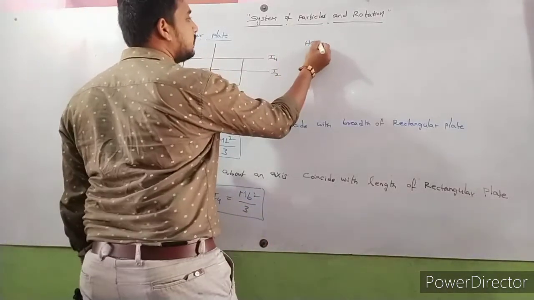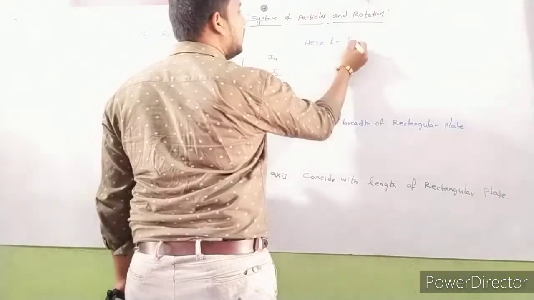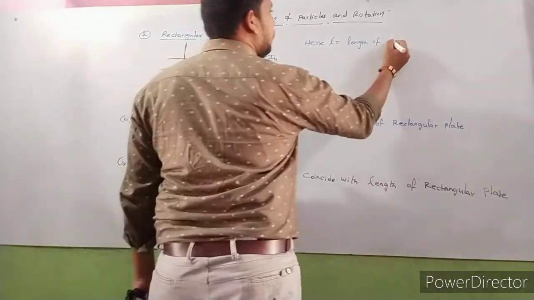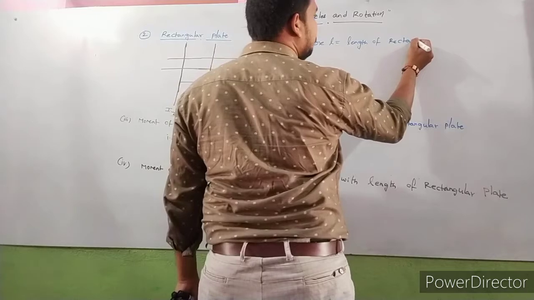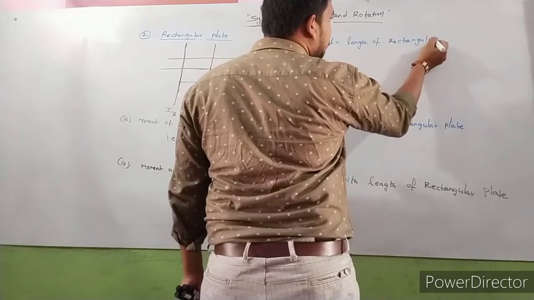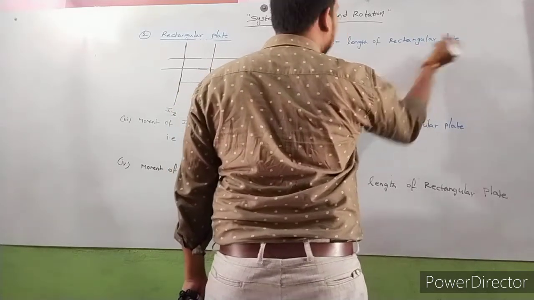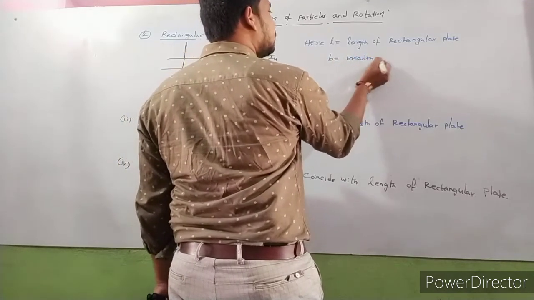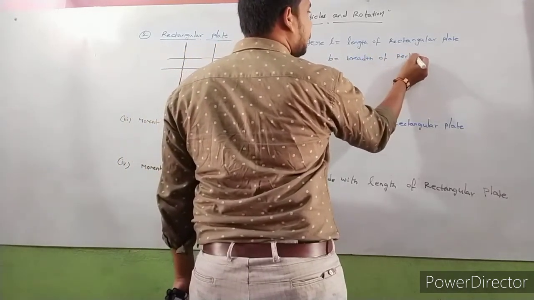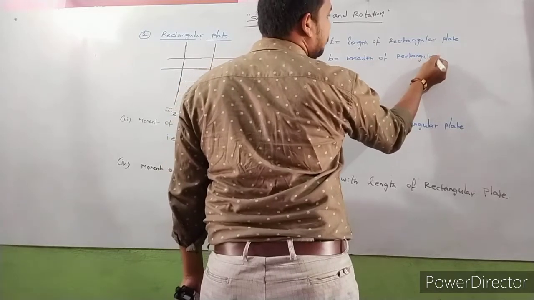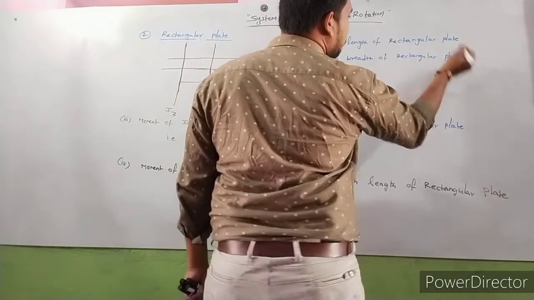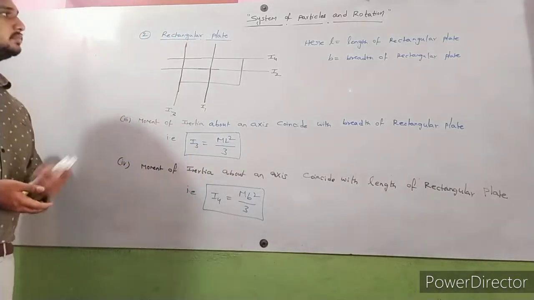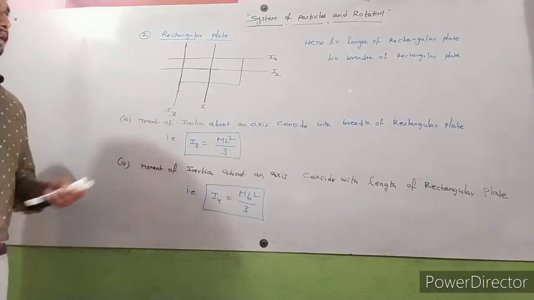Here L is equal to length of rectangular plate, B is equal to breadth of rectangular plate. Length of rectangular plate and breadth of rectangular plate. Okay, so this is very important.